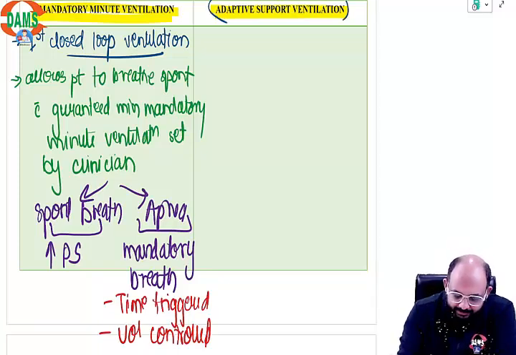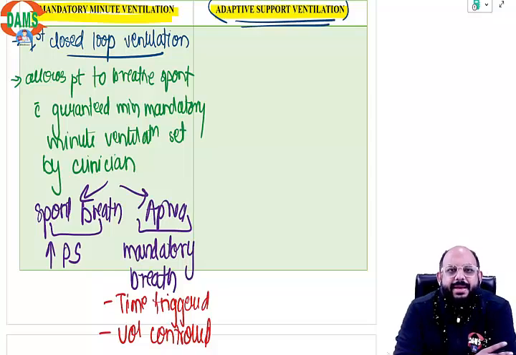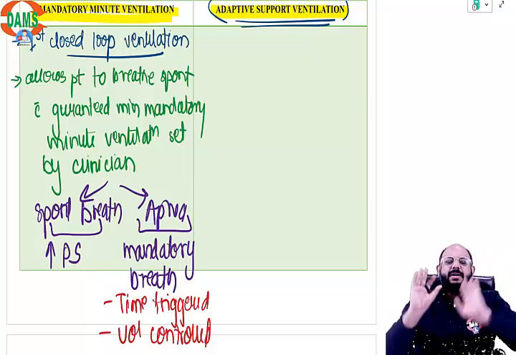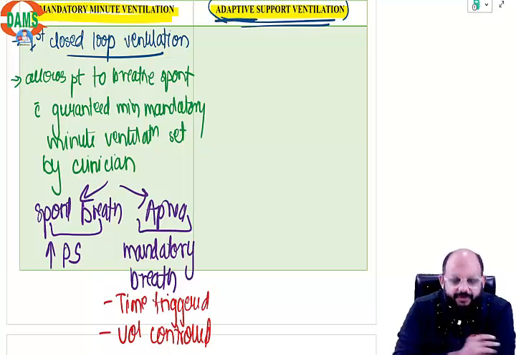Adaptive support ventilation, the name is only telling you, ASV, adaptive support ventilation. Now this is a very new mode of ventilation where everything is done by the ventilator. Remember the name, adaptive support.